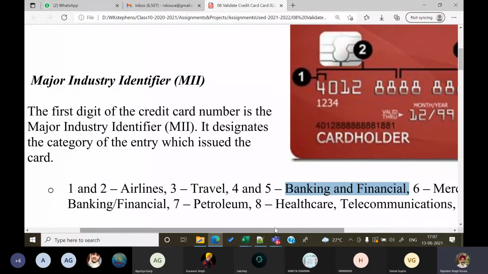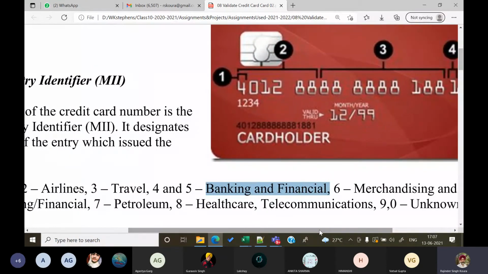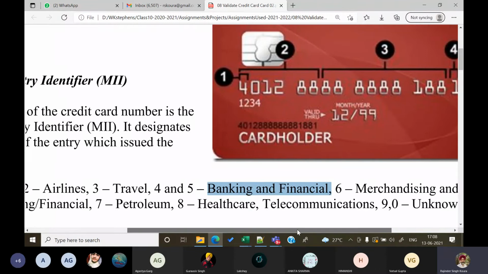All your credit card numbers, whether HDFC, ICICI, American Express or whatever, will start with either a 4 or a 5. If it starts with a 4, that means it is banking and financial. The major industry is this.